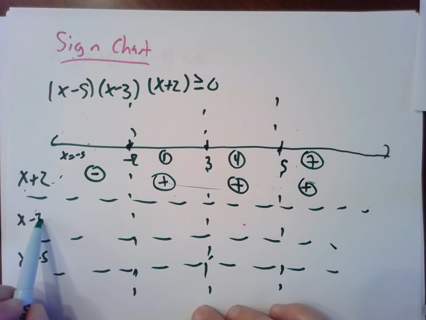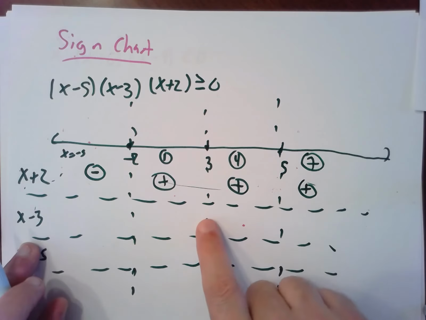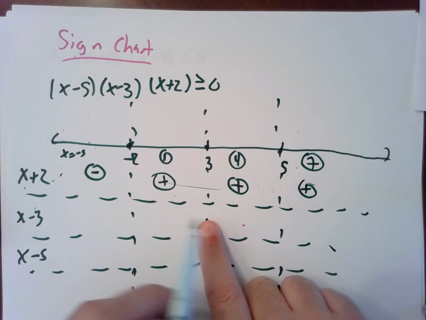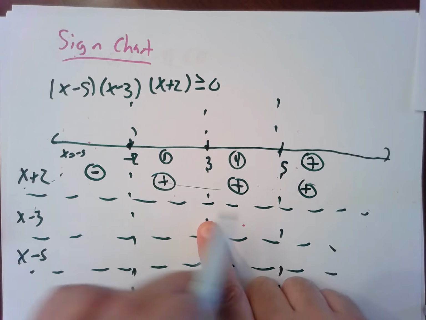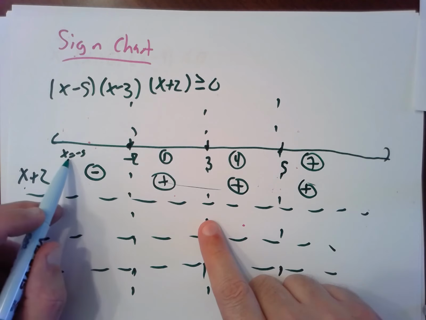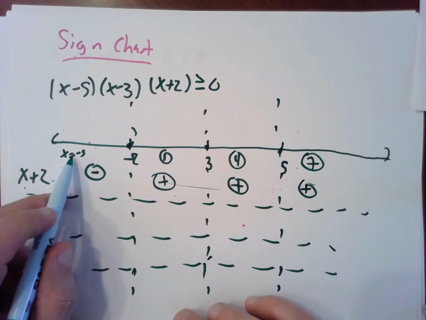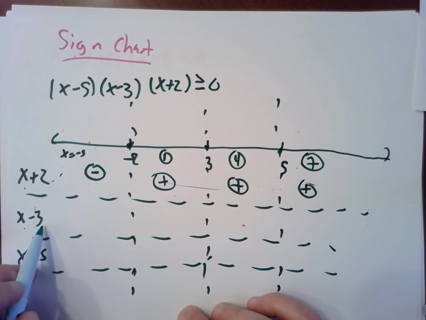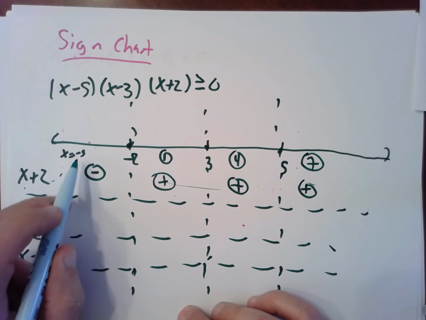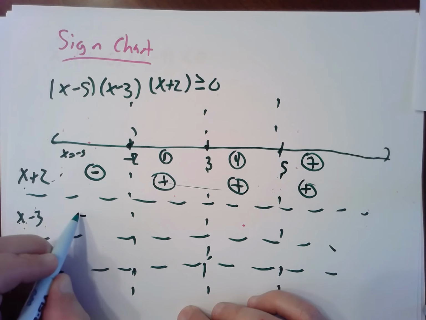So where's x minus 3 going to switch? Where does he equal 0? At 3. So he's going to switch from positive to negative at 3. Okay, so we could do it one piece at a time, or we could just do the whole line at once. So choose an x value back here. I already chose one, -5 minus 3. Plugging that value, -5, in here, -5 minus 3 would be -8.